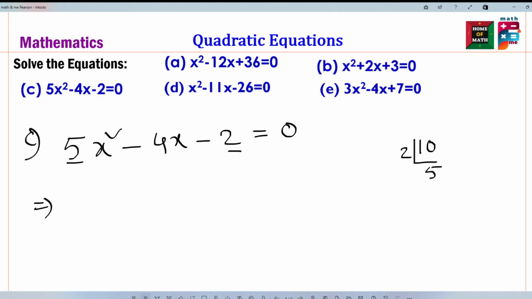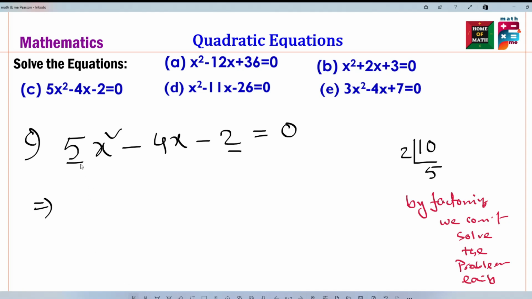But the problem is by factoring we can't solve the problem easily. So what can we do? We can implement the quadratic formula or the completing square method.